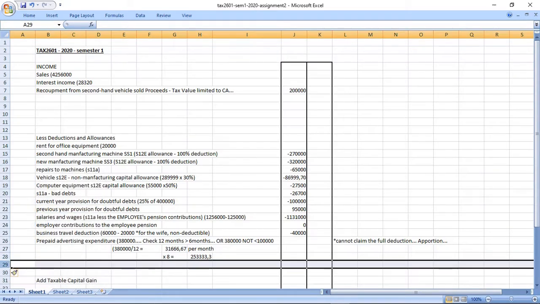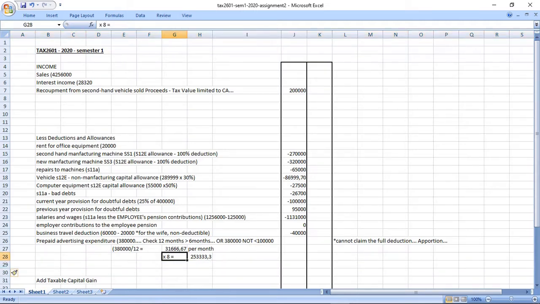Right, so obviously the tax year is from 1 March 2019 to 29 Feb 2020. If I'm looking at this prepayment which took place during the financial year on the 1st of July, I'm only going to be able to deduct the portion that relates to that year. Okay, so how many months are within the year? 8 months.